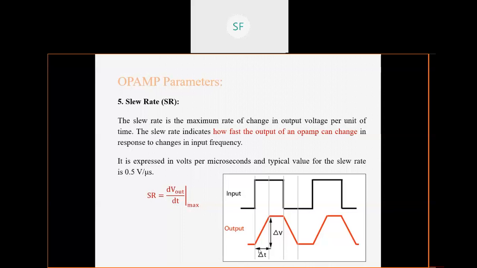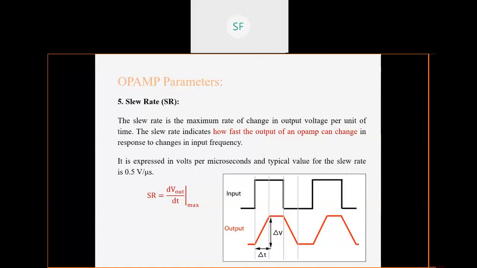Now just apply this concept here: we require this delta t to be as minimum as possible, so ideally we want it as 0. Whenever I say ideal value, that will be either 0 or infinite. If I want the minimum value of something, its ideal value will be 0.